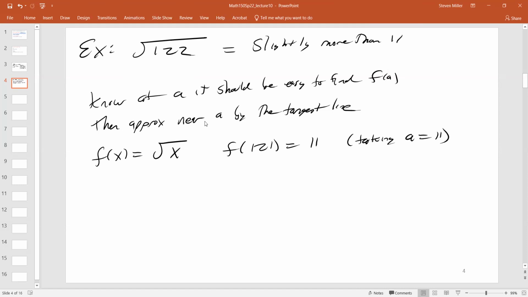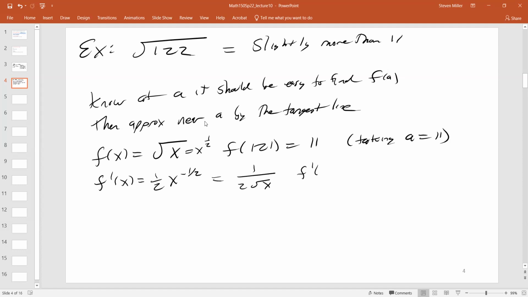So if f of x is the square root of x, what is f prime of x? What's the derivative of square root? Yes, or 1/2 x to the negative 1/2. You're just viewing the square root of x as x to the 1/2. So this is, as was mentioned, 1 over 2 square root of x.